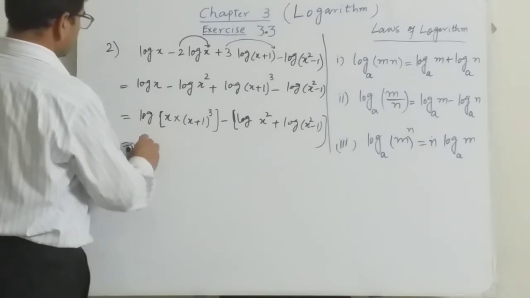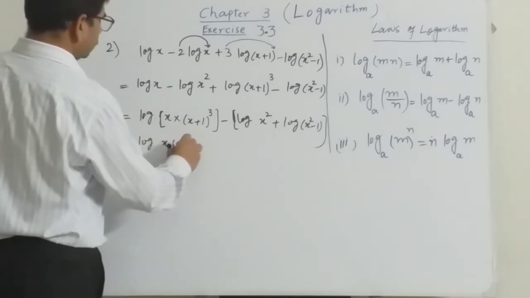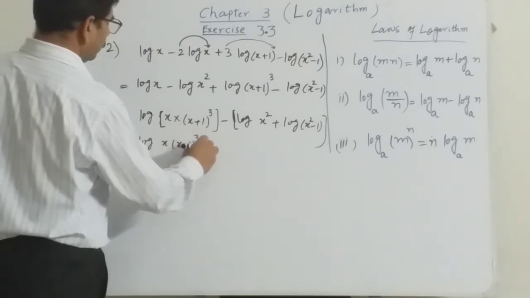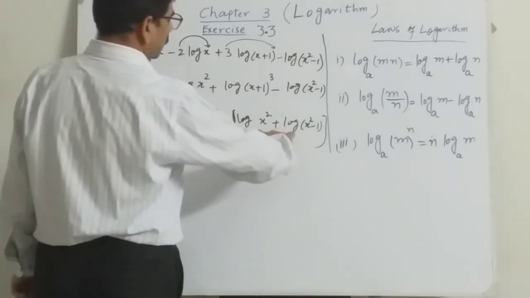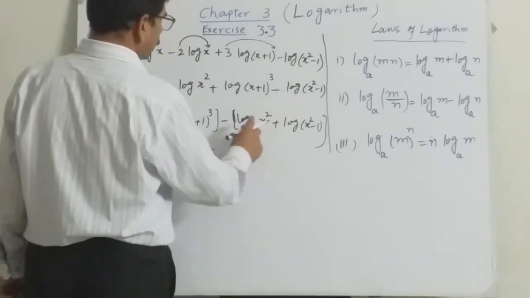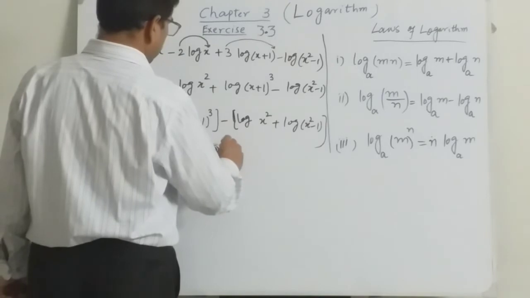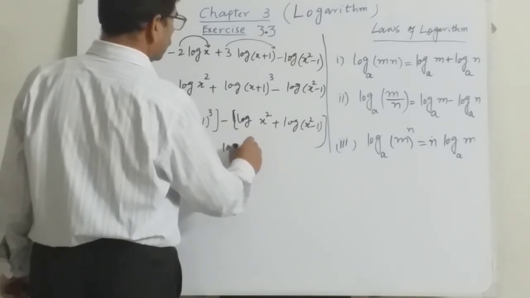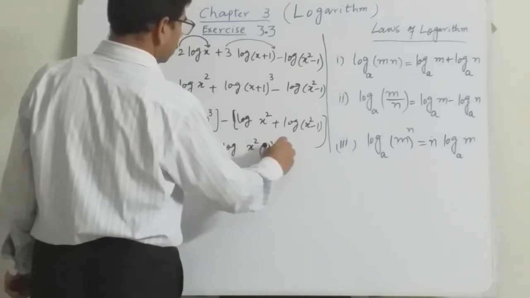It will be written as log of x into x plus 1 whole cube, minus, again the first law will be applied to write it as a single logarithm in the form log of x square multiplied by x square minus 1.